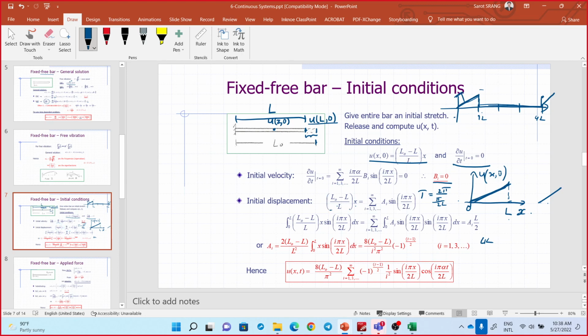That's why the way to find a is to take the integral from 0 to L. Then finally we can have a equal to this term, and then the final total solution u of h and t is expressed by this.